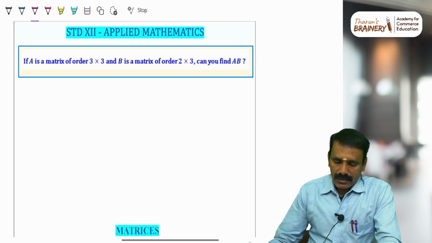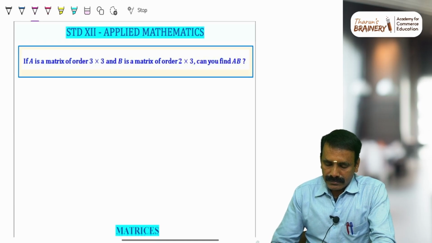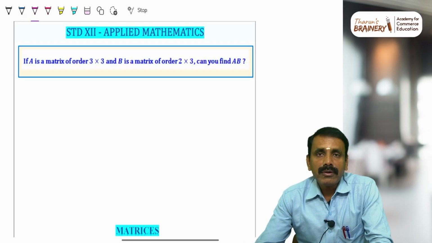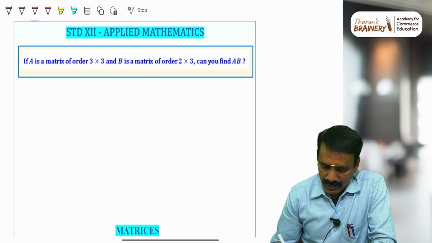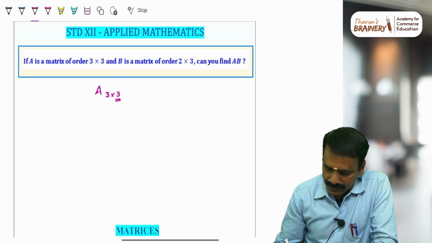Now they are given a question. If A is a matrix of order 3 by 3 and B is a matrix of order 2 by 3, can you find AB? With the orders we have to verify and tell whether the product is possible or not. A is a matrix of order 3 by 3, so it is going to have 3 columns.